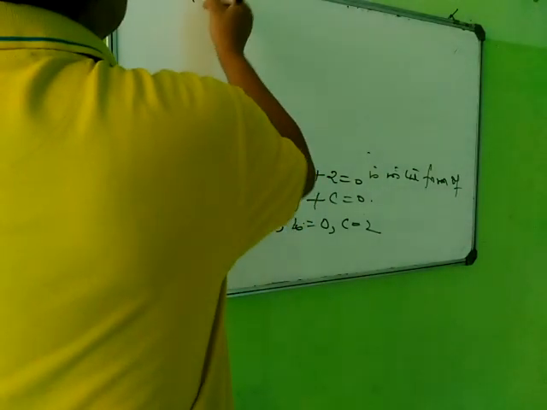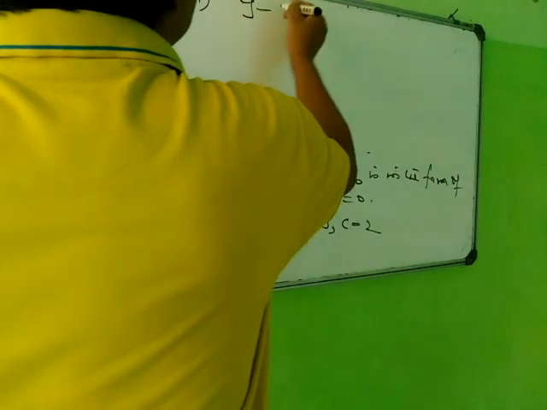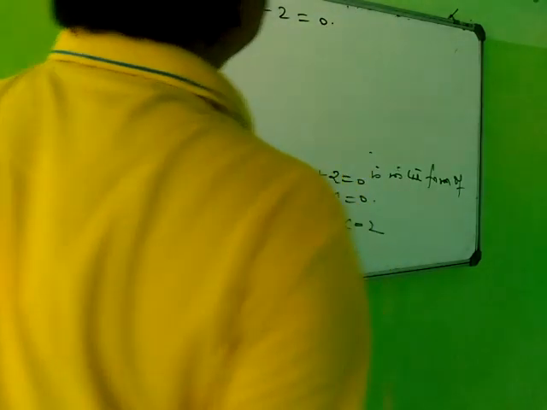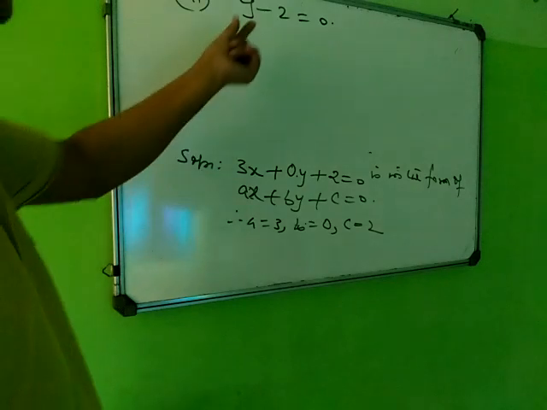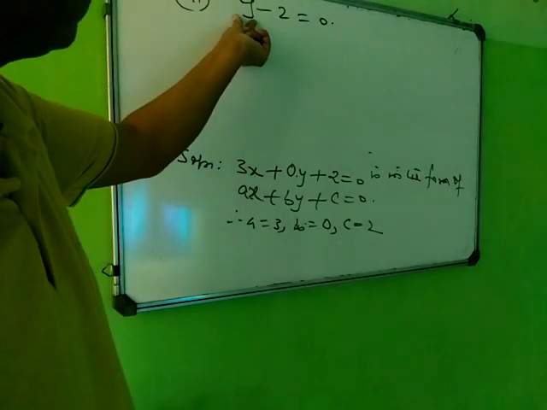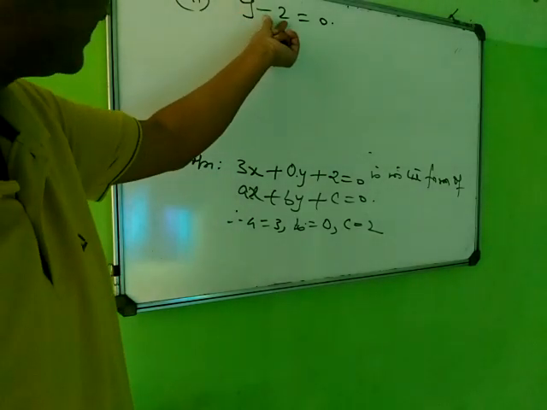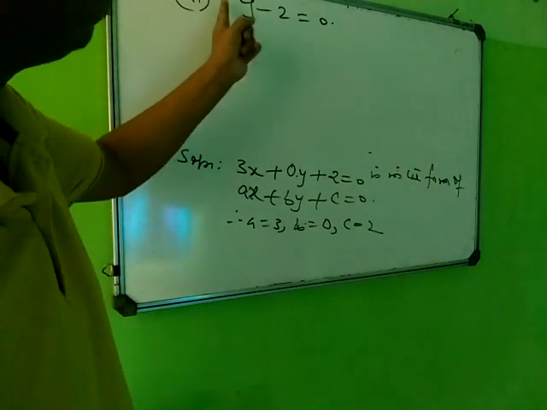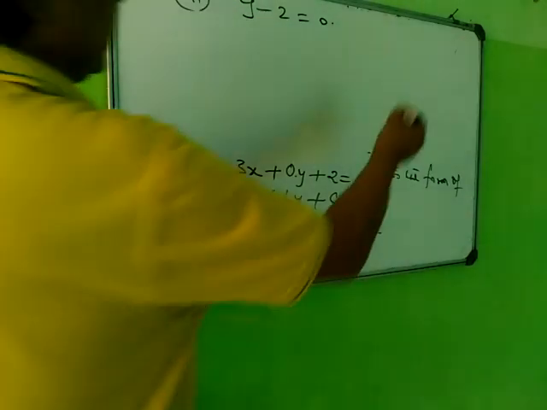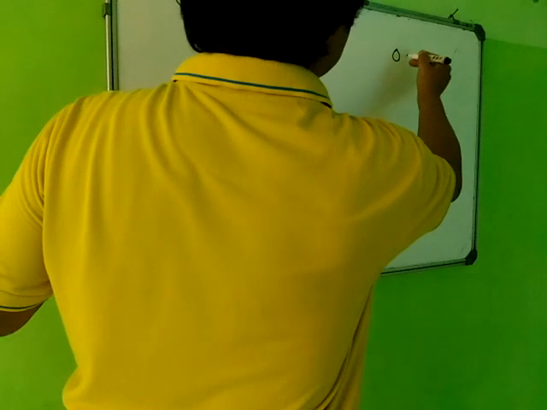Number 7. So it's y minus 2 is equal to 0. Now again, this time they have given the variable y with the constant, but they have not given the variable x. So in this case, you will take 0 into x.